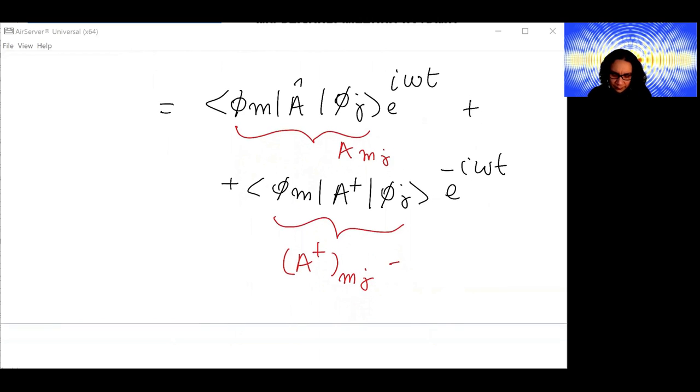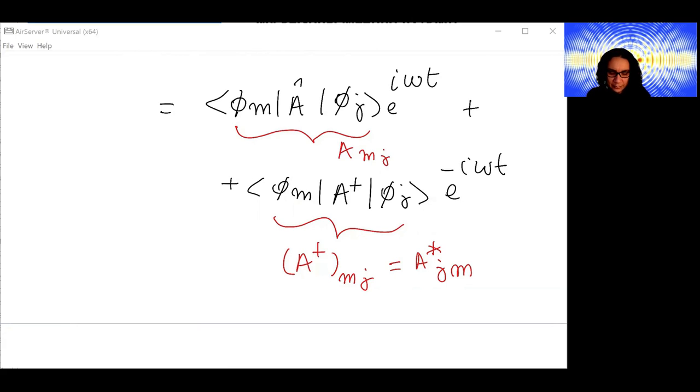And this also we can write as a star_jm. Remember how a and a dagger are connected. If you have an operator a, the a dagger operator, the adjoint operator, is going to be, if you're looking at it in form of a matrix, you're going to transpose and take the complex conjugate of the matrix element.